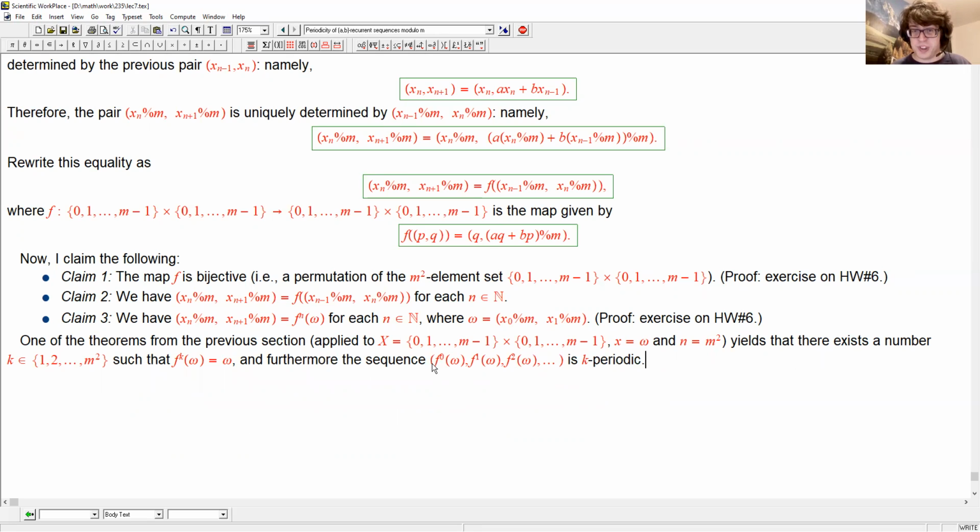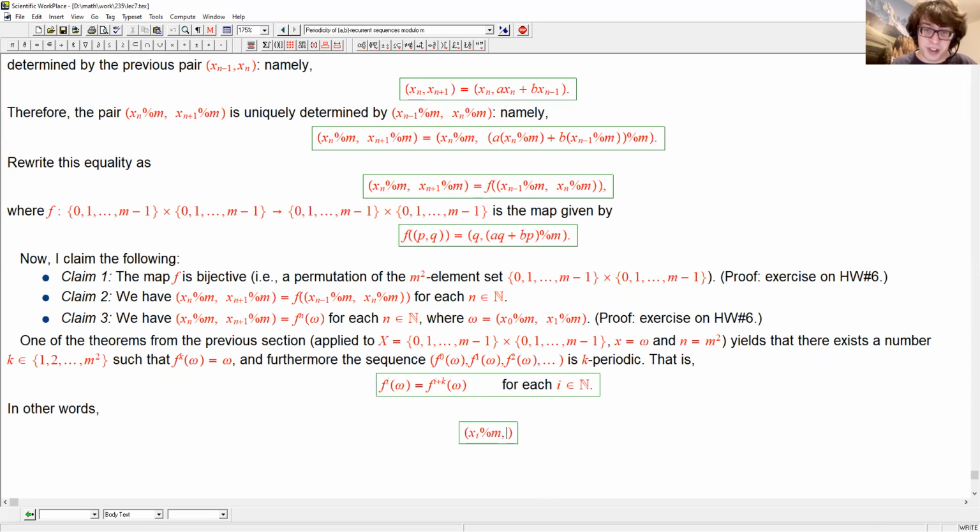Now, what does it mean that the sequence is k periodic? It means that these pairs of remainders repeat every k steps. So, let's say it this way, f^i of omega is f^(i+k) of omega for each i in n. In other words, because of claim 3, you can rewrite f^i of omega as (x_i remainder m, x_{i+1} remainder m), which equals the same for i plus k.